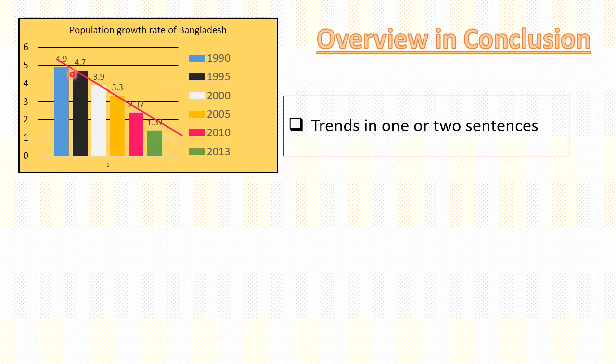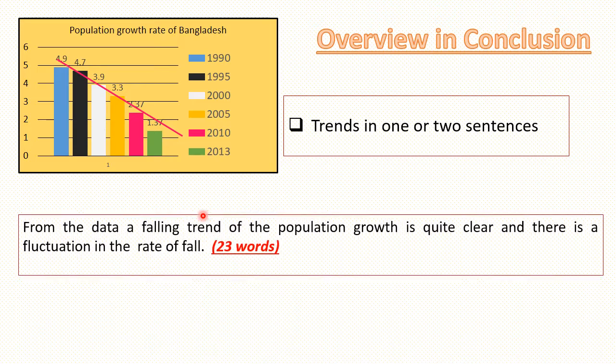That is, we find a fluctuation in the rate of fall. So we can write the overview in conclusion in this way.